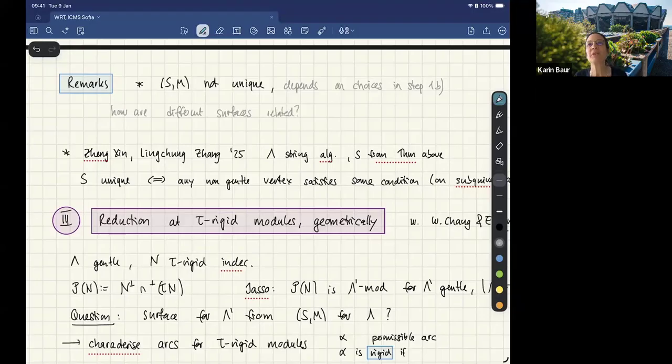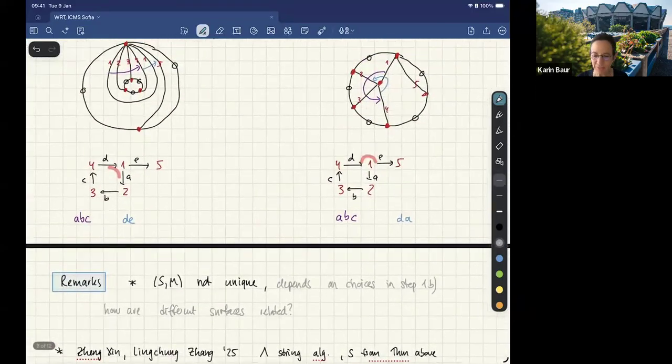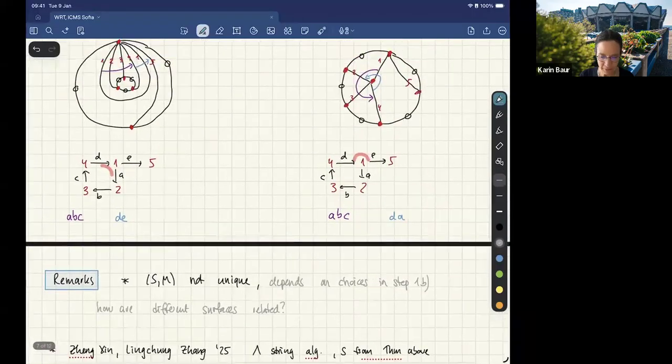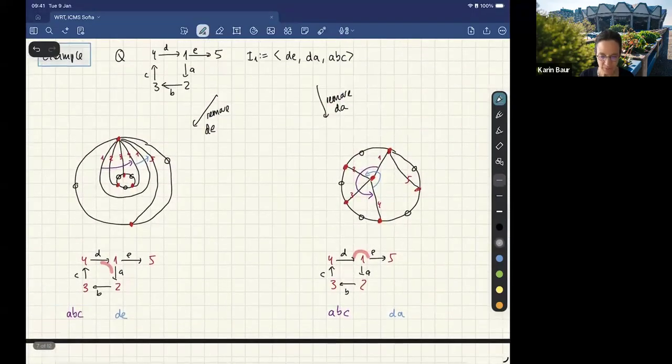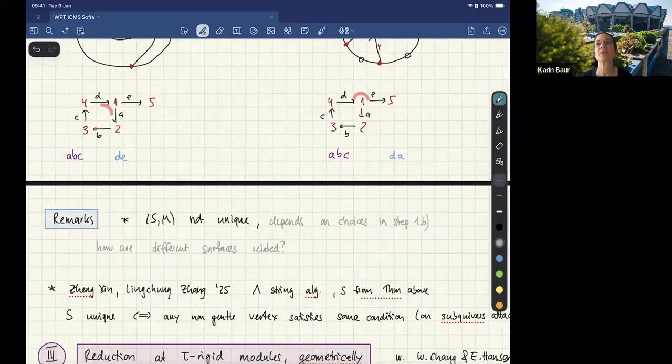Can we find an operation between them? At some point, Raquel and I thought we could define some rotation on a collection of tiles, but already that example shows it doesn't quite work because if we rotate tiles, we don't get an extra boundary component. And we have examples where the two algebras B and B prime that you get are not even derived equivalent, like the gentle algebras, before you take the quotient again.